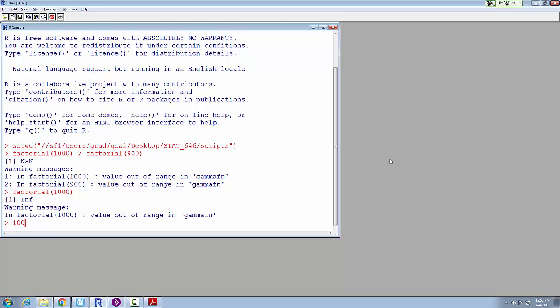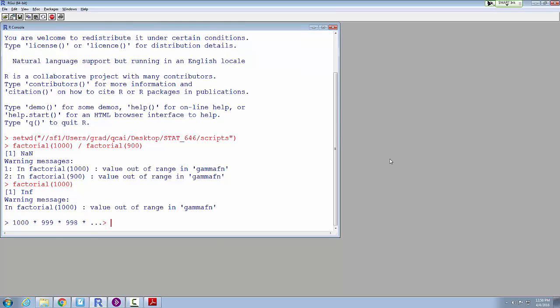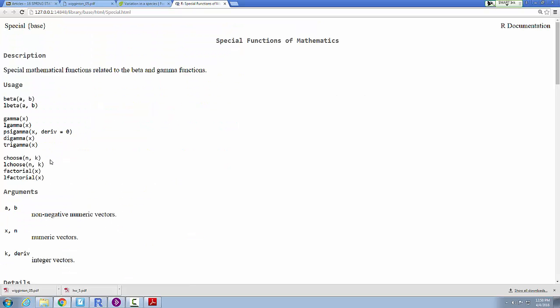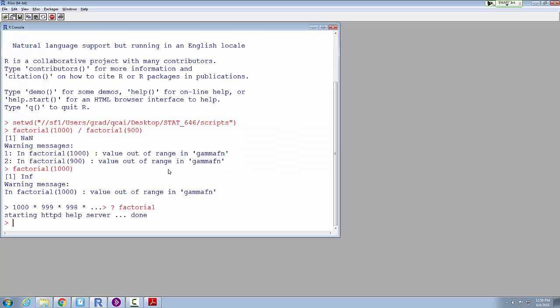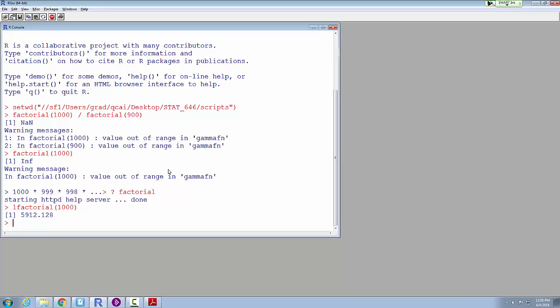That's 1,000 times 999 times 998 times dot dot dot. What I can do instead is do it on the log scale using L factorial. So L factorial, let's try L factorial 1,000, 5912. So the log of the factorial is a number.